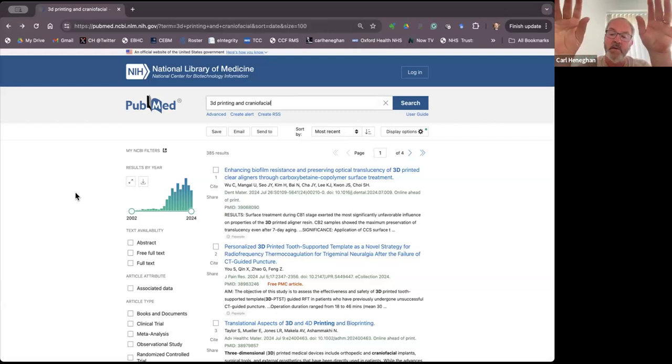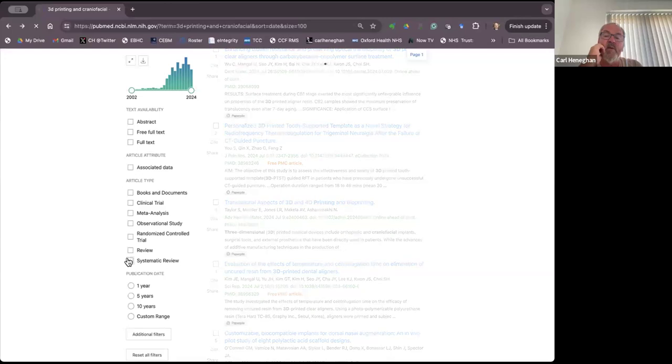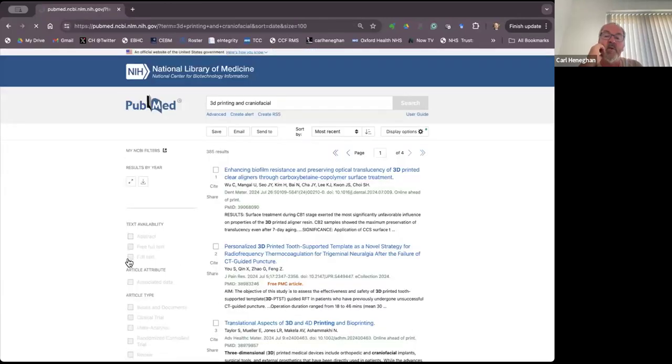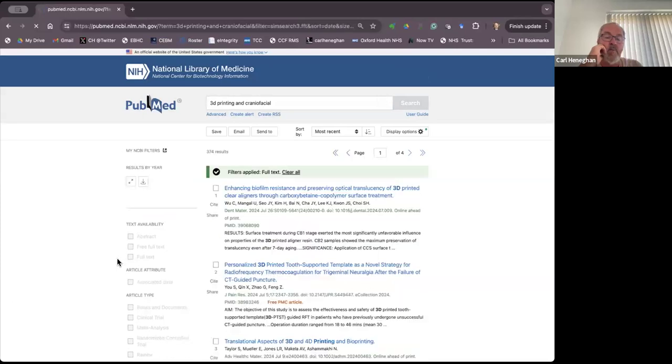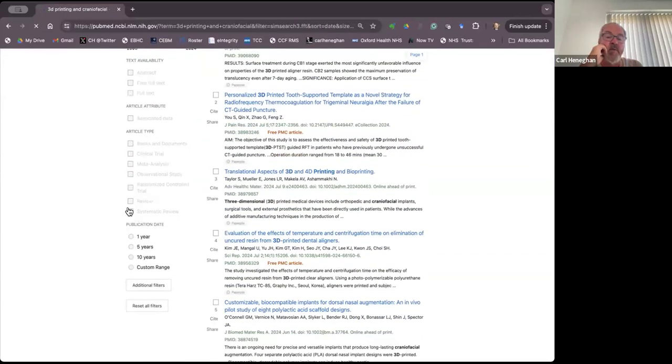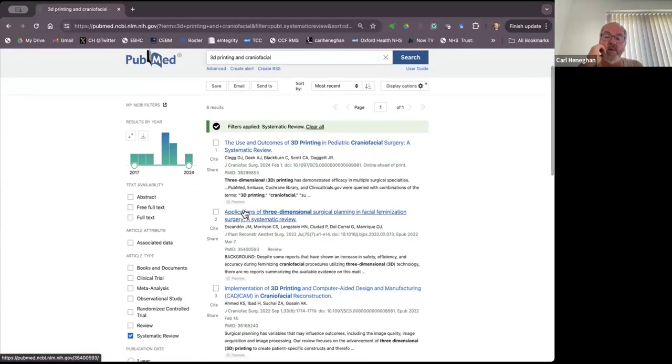So I wouldn't add in all your bits at once; I start to build the search bit by bit. Then if we put the systematic review filter on, we actually get down to 8 systematic reviews.